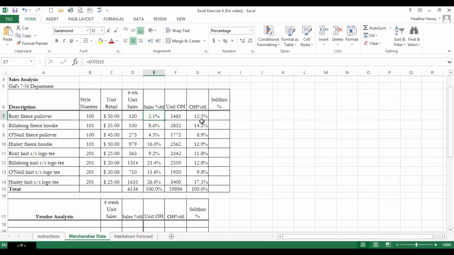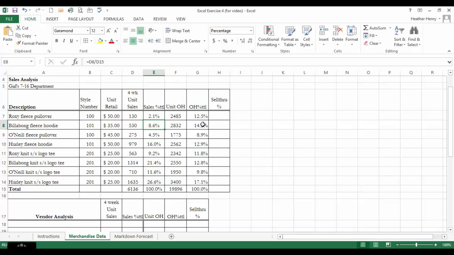So, as an example, our Billabong Fleece hoodie over here represents 8.6% of our total sales, but the on-hand accounts for 14.2% of the total on-hand inventory. This number should also be closer to the 8.6%.